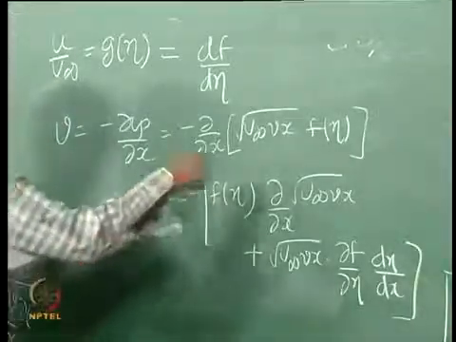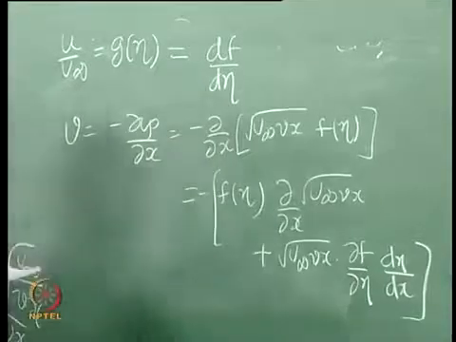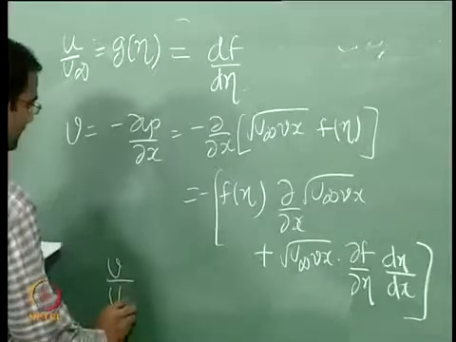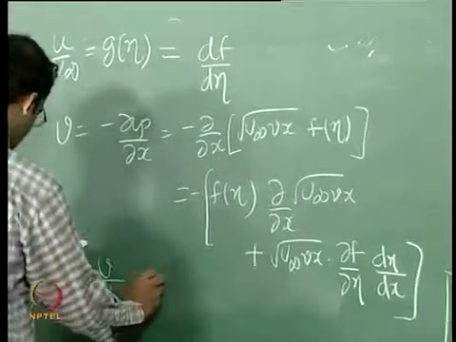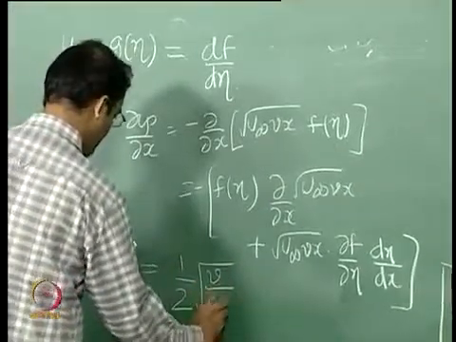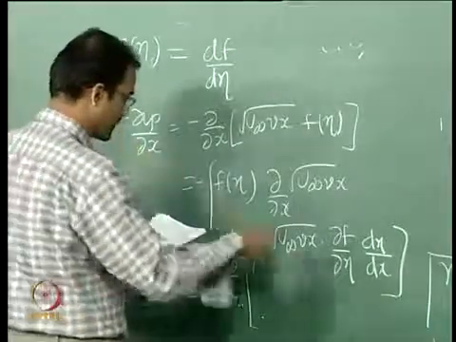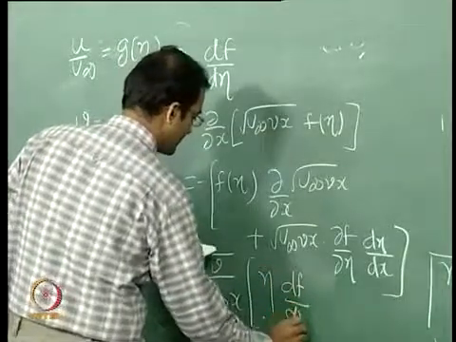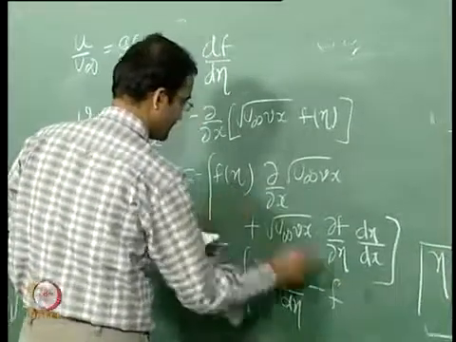Okay, so if I group these terms together, finally I should be getting v by u infinity equal to 1 by 2 times the square root of nu by u infinity x into, this term right here I can write as eta into df by d eta minus f.